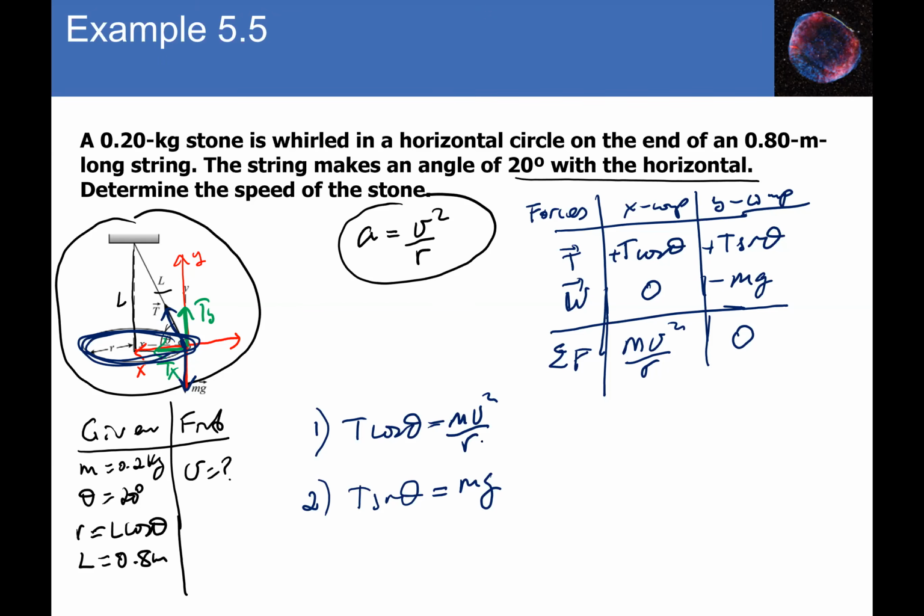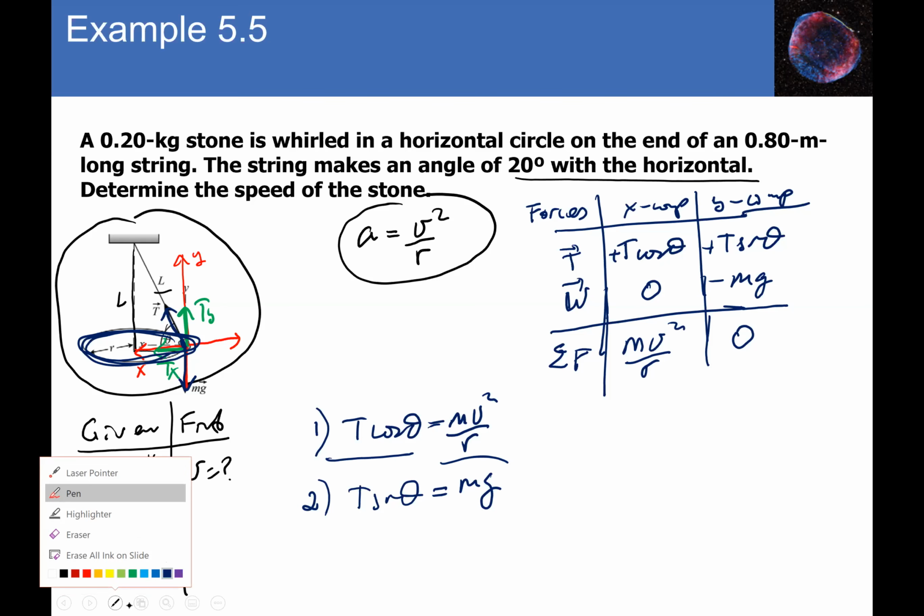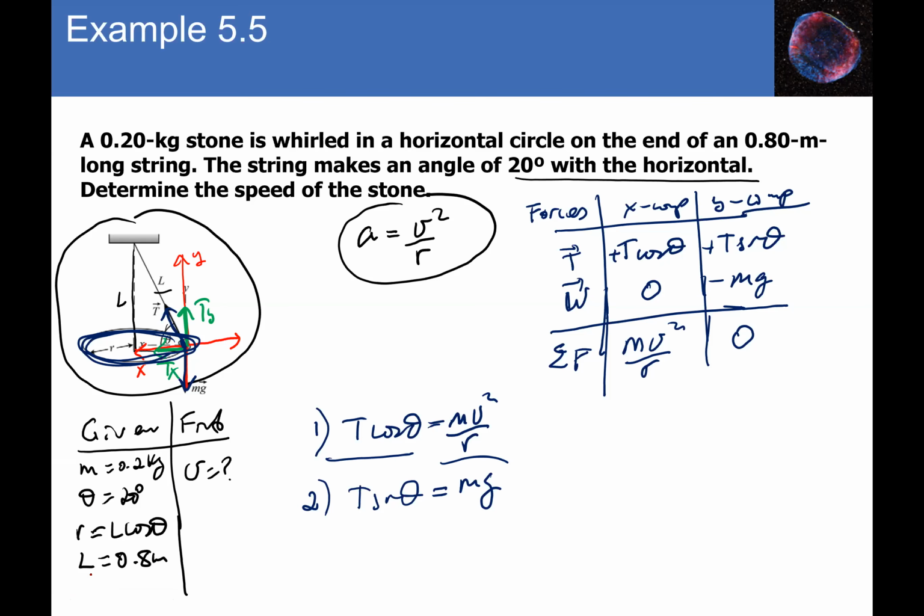Okay, I'm going to take equation 1 and equation 2 and divide them. I'm going to divide equation 1 by equation 2. That means left side divided and the right side divided. So if I look at the left side, then I have T cosine theta over T sine theta. I cancel the T because I don't need to know anything about the tension.